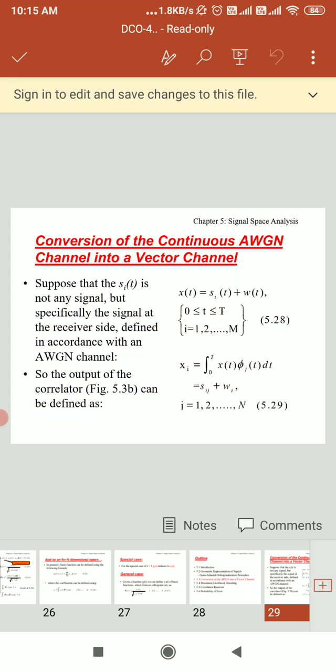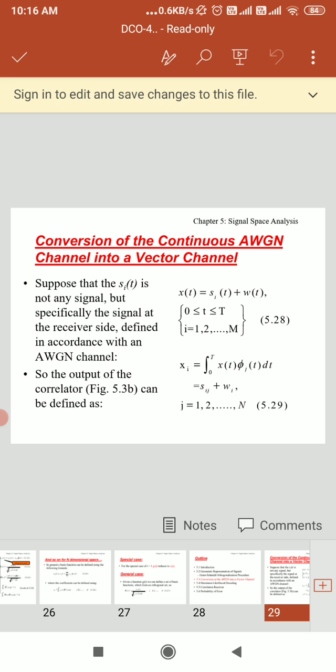Suppose that si of t is not just any signal, but specifically the transmitted signal, which we consider at the receiver side, in accordance with the AWGN channel.